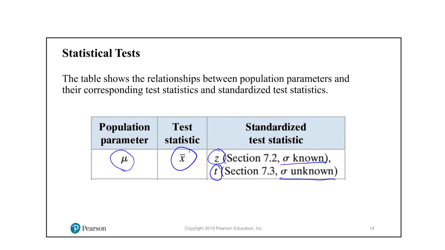Just like when we were doing confidence intervals, the same applies. So that's how we're going to decide. When we go into section 7.2, we'll see how we do this with the z values, the normal distribution, and then in 7.3 we'll see how we do it with the t distribution if we don't actually know sigma.